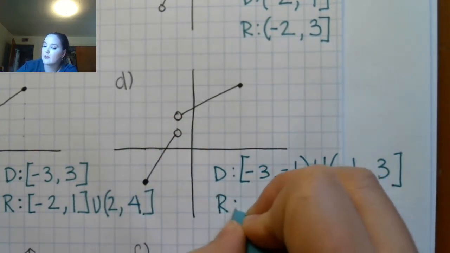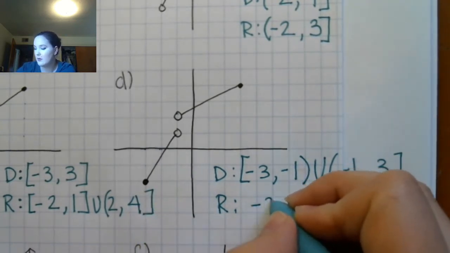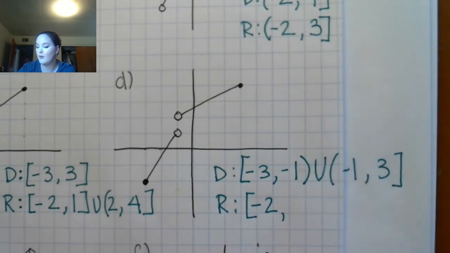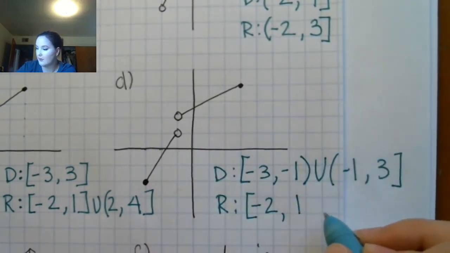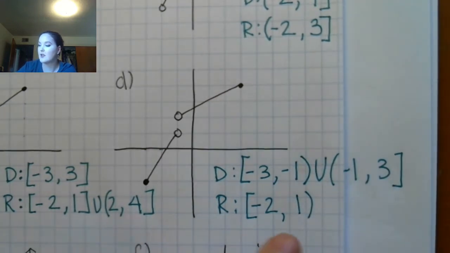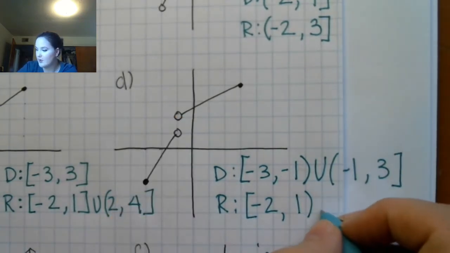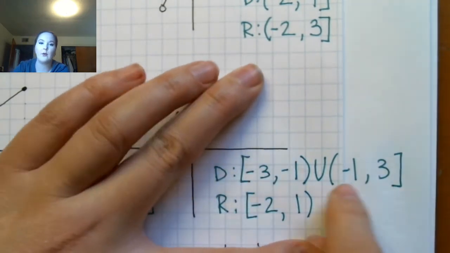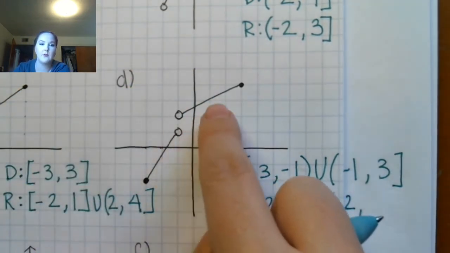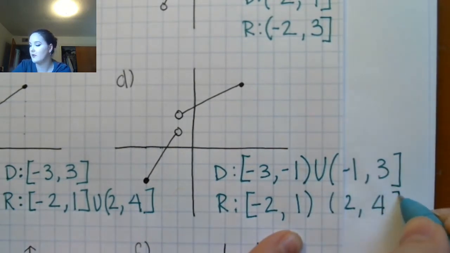Then let's look at the range. We're going to start at -2, and that's included just like before. We'll go up to 1, that is now not included. So we can see that that's the difference in the range here. Then we're going to start over at 2 and go to 2, 3, 4, which is included.